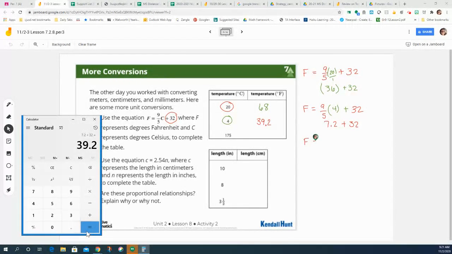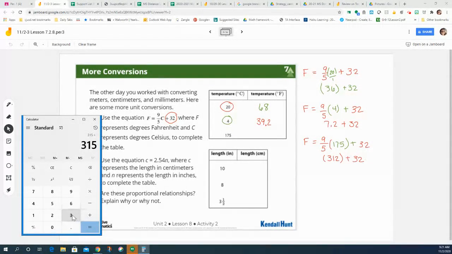Now we're going to do the last one. F Fahrenheit is equal to 9/5 times the Celsius, and the Celsius is 175, plus the constant of 32. So we're going to divide it out. 9 divided by 5 equals 1.8 times 175, so this value right here is equal to 315, plus 32.